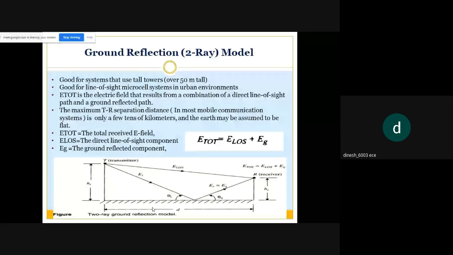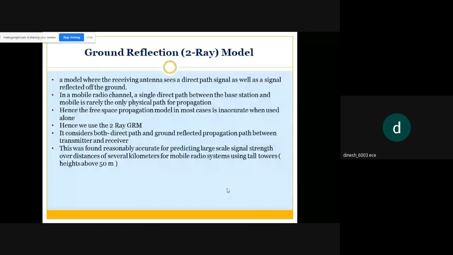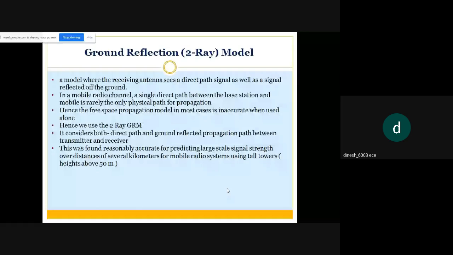In all, the transmitter and receiver heights are to be considered. Ground reflection model. A single direct path between the base station and the mobile is rarely the only physical path for propagation. Hence, the free space propagation model in most cases is not used alone. So hence, we use today the GRM, considering both the direct path and the ground reflected propagation path between transmitter and receiver.